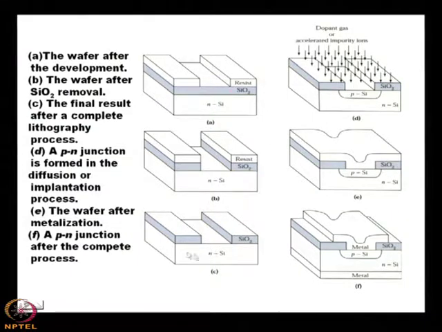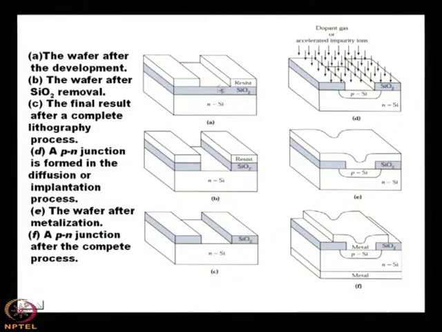It exclusively depends on the type of the photoresist, which we are not going to discuss in this class. So, now this portion is etched out. This is after the development. Development means we have used some developer, as used in photography.